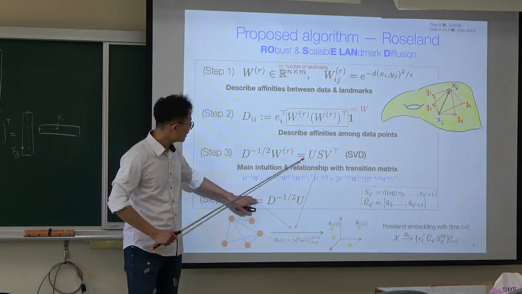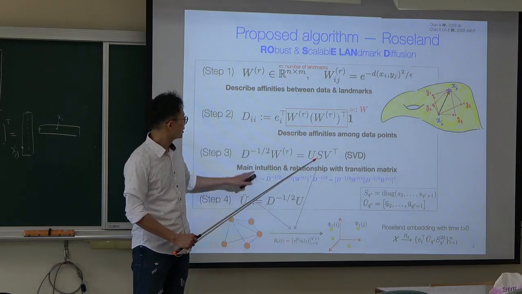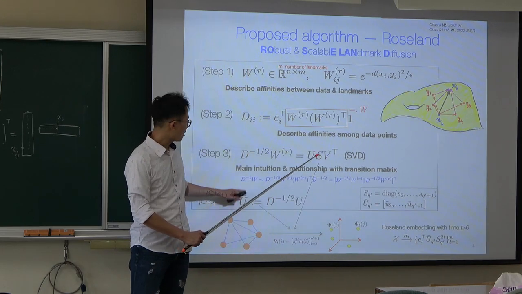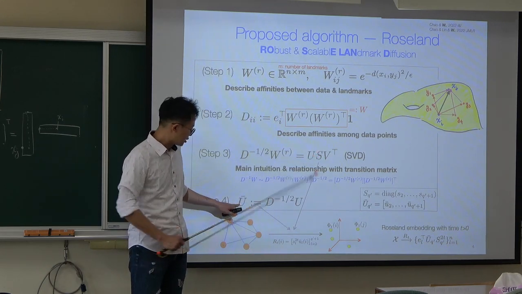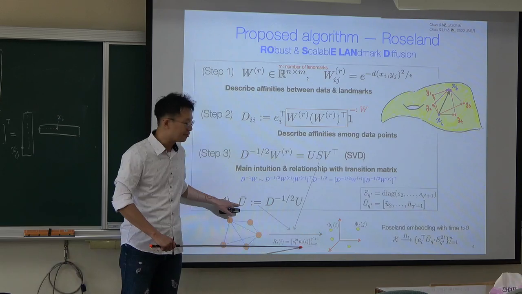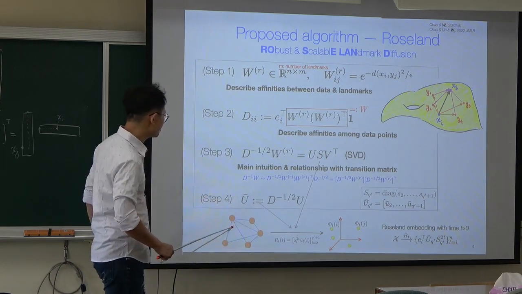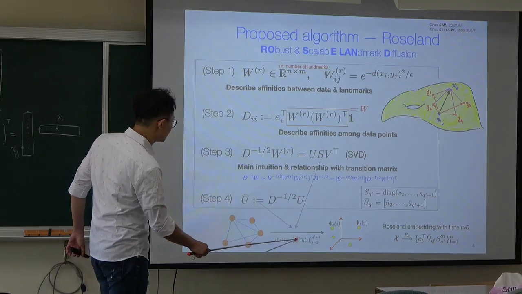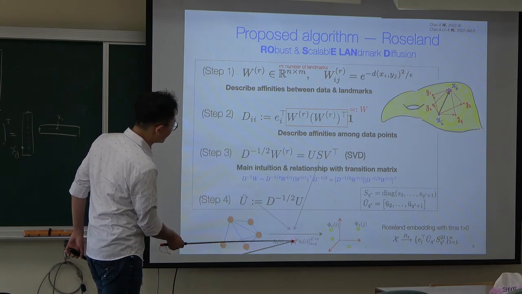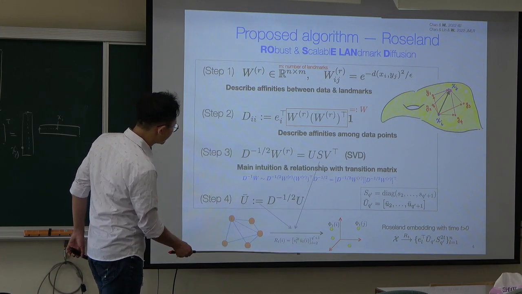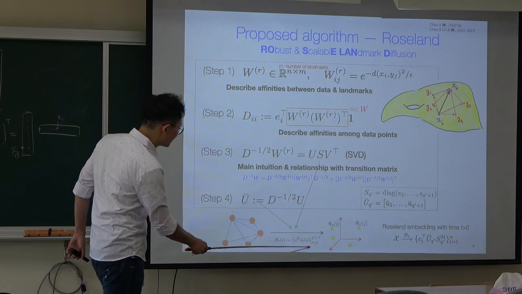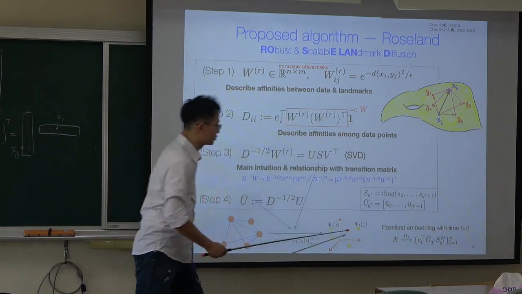And once you have the singular values, you take the square, then you get the eigenvalues of D inverse W. And you have U bar, which is the eigenvectors. So we can just consider the similar embedding procedure like before in diffusion map. We embed each point by the singular values squared to the power t, where t is the diffusion time, times the l-th eigenvector of U bar, and then you get a point in the lower dimensional space.